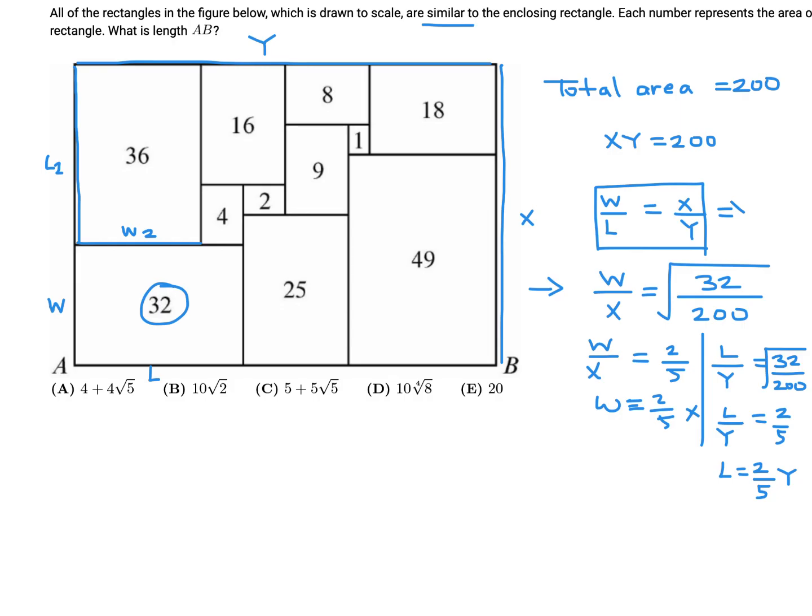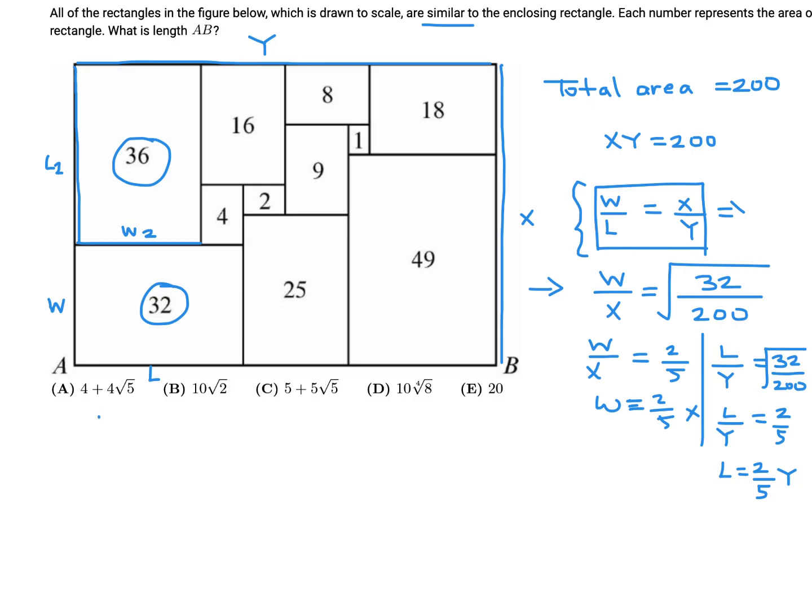Okay, and then we can move right along here. In a very similar way, when we look at this, here we're looking at W and L, right? This guy. But now we're going to concentrate on that rectangle that I've labeled W2 and L2.